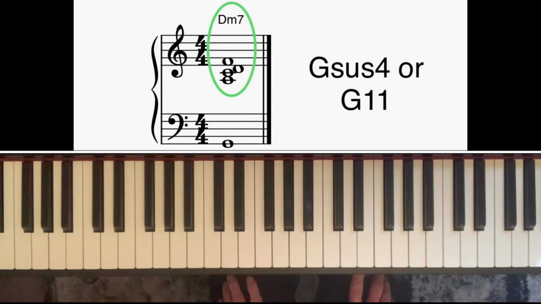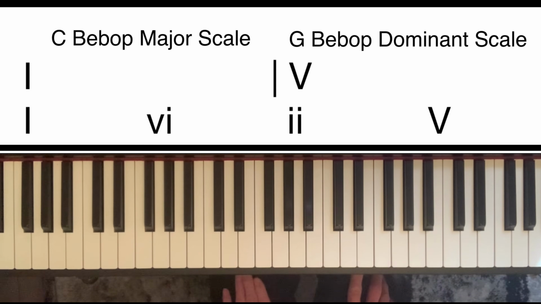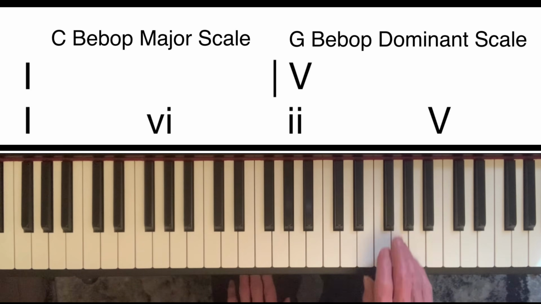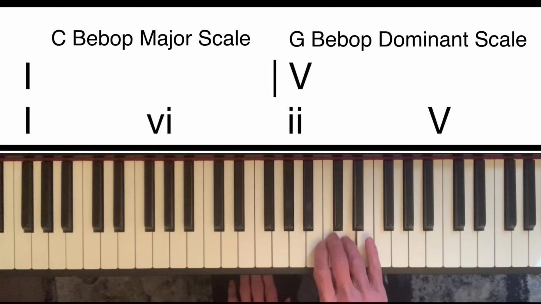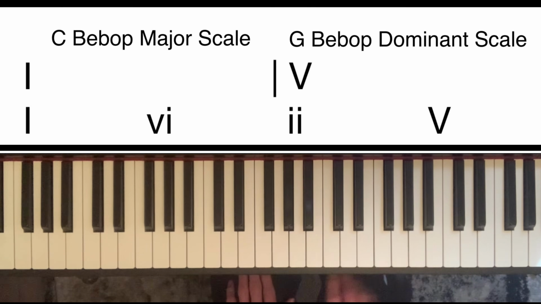So we use, as I said, the major bebop scale starting on C for both chord 1 and chord 6, and we use the bebop dominant scale for both chord 2 and chord 5. Now, I know another thing that's very confusing is you think, well, hang on a second.